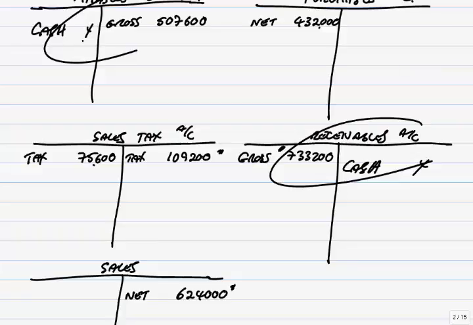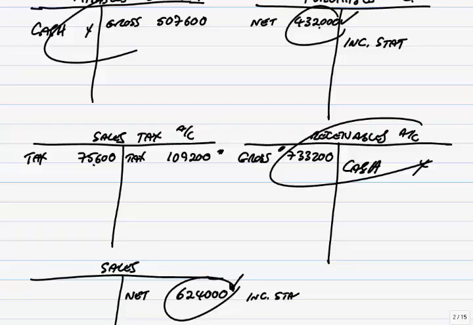What about purchases and sales? Well, the sales is the amount we can keep. So that's our income of 624. And the real expense to us is 432. And so those are the amounts that will appear in our income statement in respect of sales and purchases.